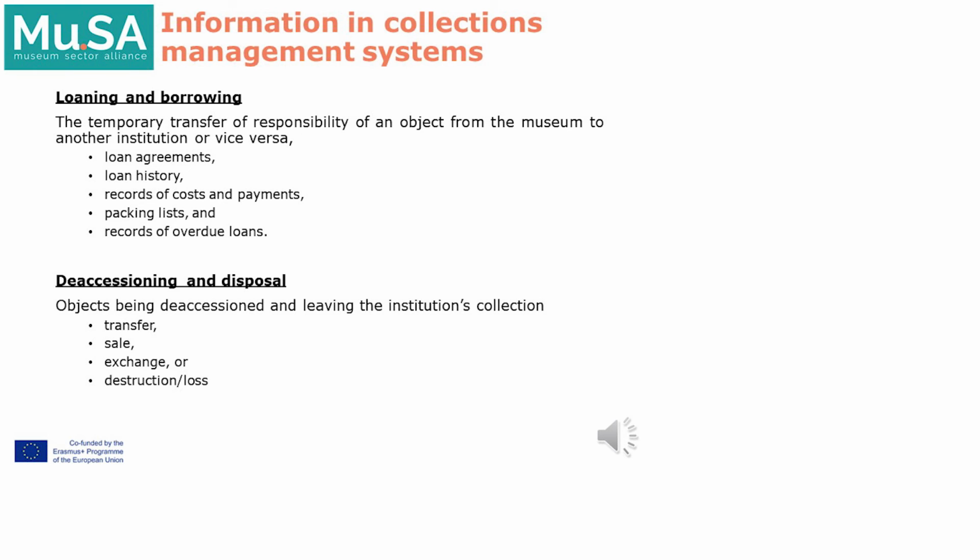Next is loaning and borrowing. It records the temporary transfer of responsibility of an object from the museum to another institution or vice versa. In other words, loan agreements, loan history, records of costs and payments, packing lists, and the records of overdue loans.